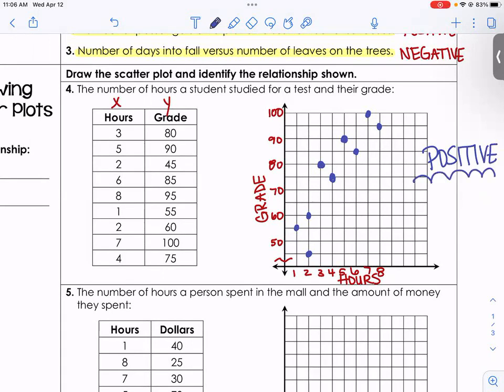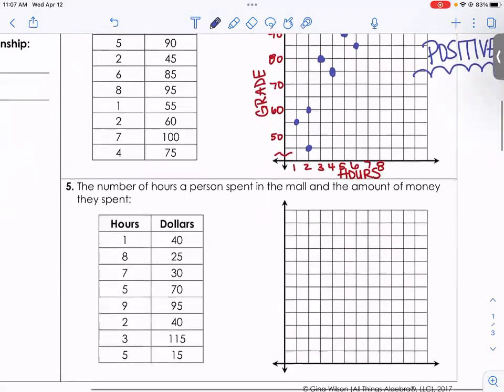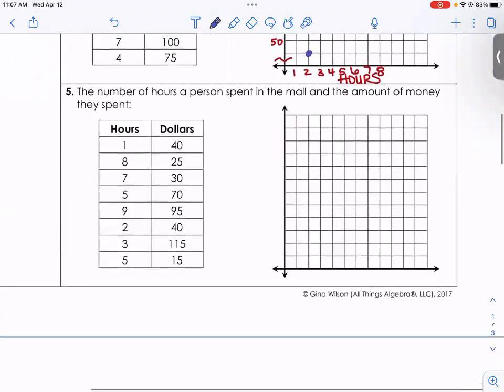The longer you study, the higher your score, is what this data set is showing. We say 7 hours got 100, so the person who studied for 8 hours only got 95. Technically, yes. We're not done, but yes, that's fine.